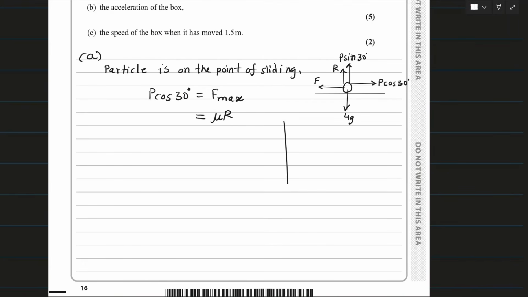What we are trying to do here is find the value of R and the value of mu in order to find the value of F max, the maximum friction. In order to find the value of the reaction force, we need to resolve the forces vertically. Resolving the vertical forces will result in zero because the particle does not move vertically, it is in vertical equilibrium.